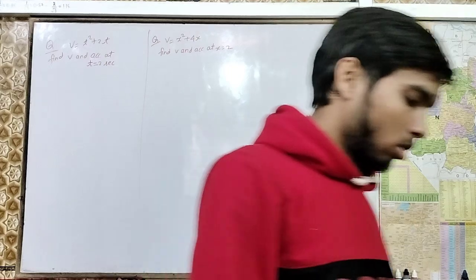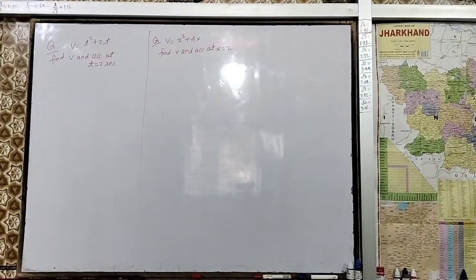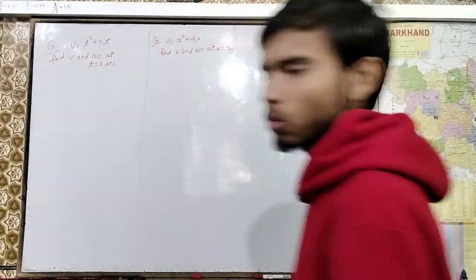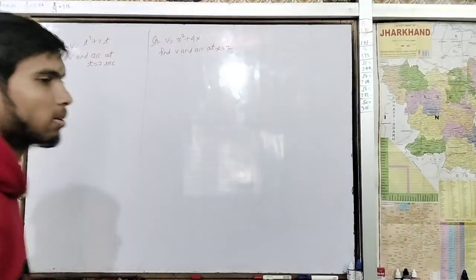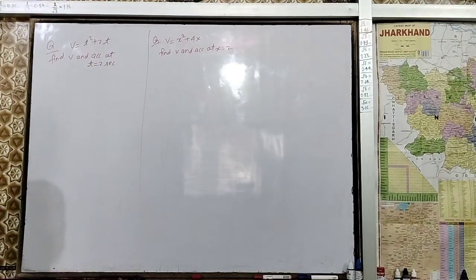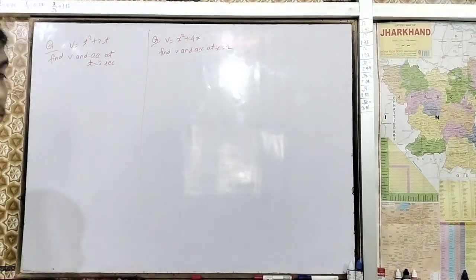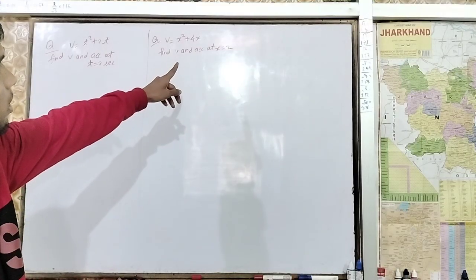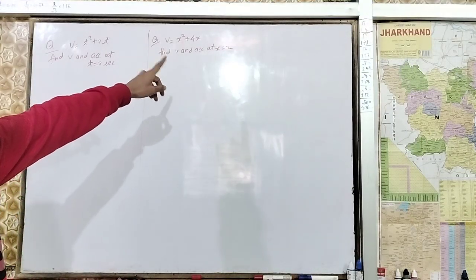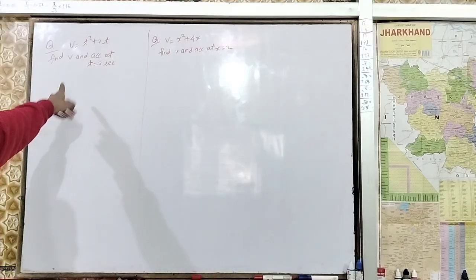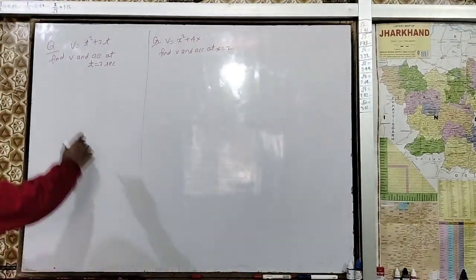I wrote two questions. Can't you solve these two questions? Where V is given, the question is asking to find velocity and acceleration. T is also given. In this question, you can get stuck. I would say you can get stuck in this question, but not in this. Let's solve.